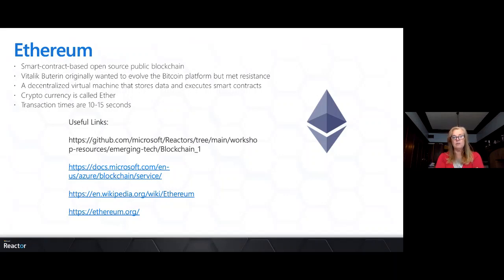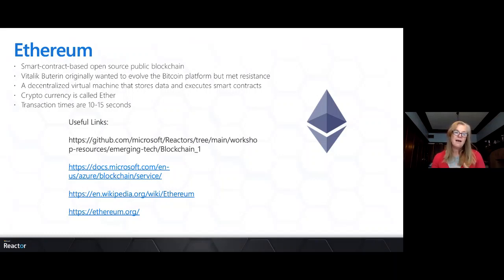So the cryptocurrency associated with Ethereum is called Ether. And the cost associated with executing contracts on the Ethereum blockchain is what's called gas, and you need to pay gas in order to execute contracts.